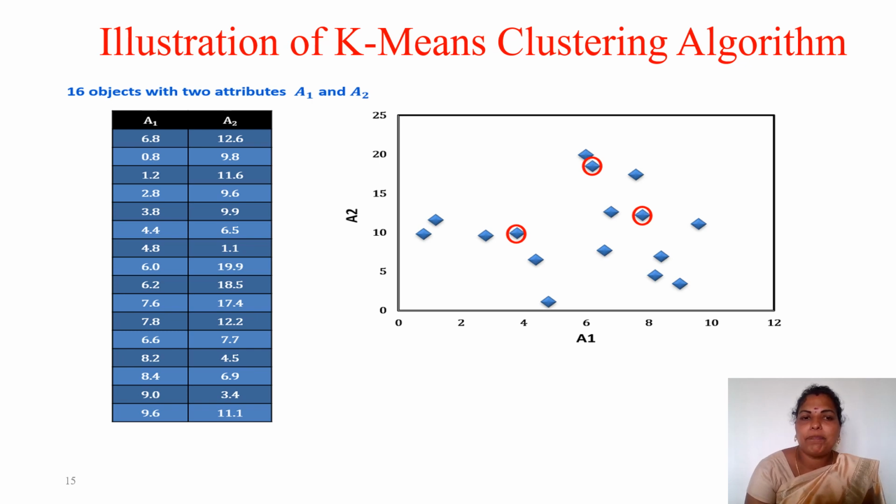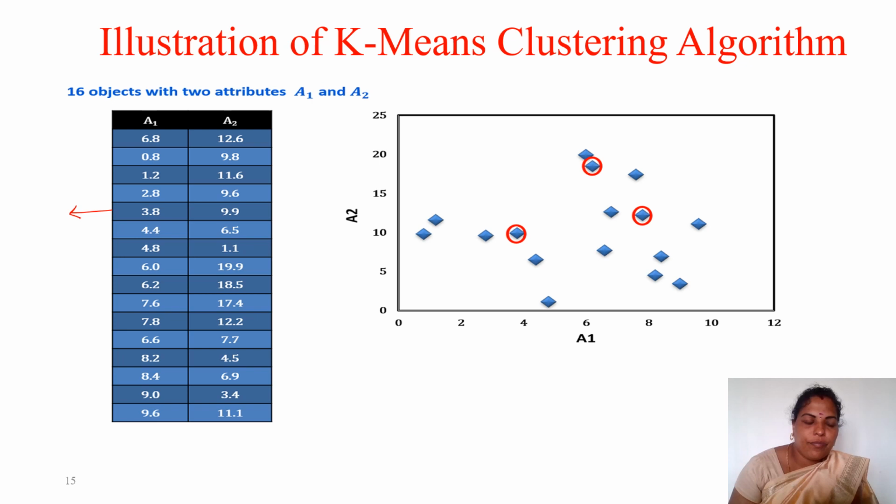Here, randomly, 3 points are chosen as the initial cluster centers. Whatever points are chosen as initial cluster centers, this 3.8 is one of the initial cluster centers.